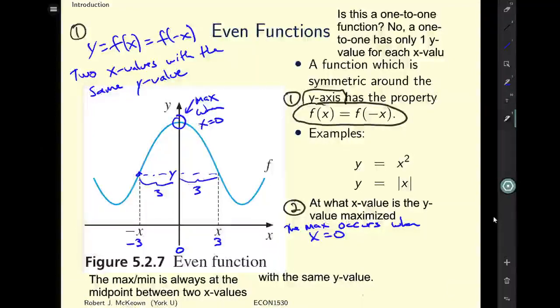So we can find the max or the min at the midpoint.